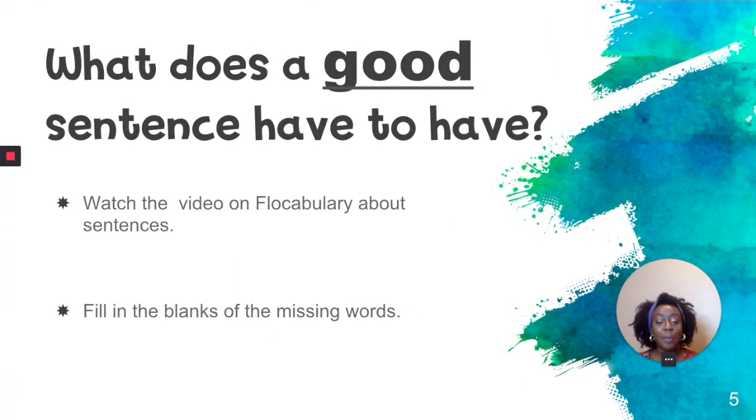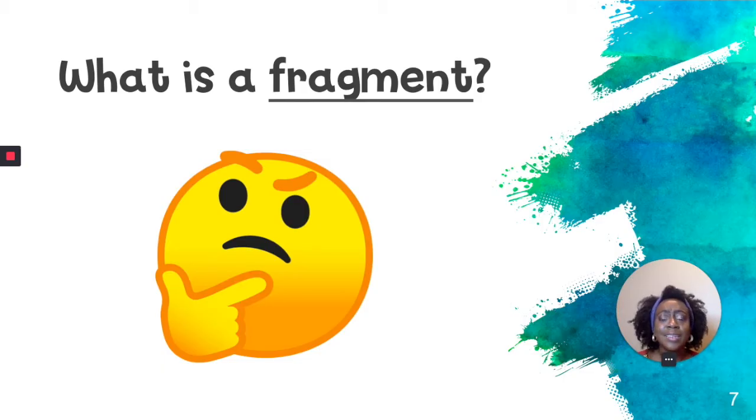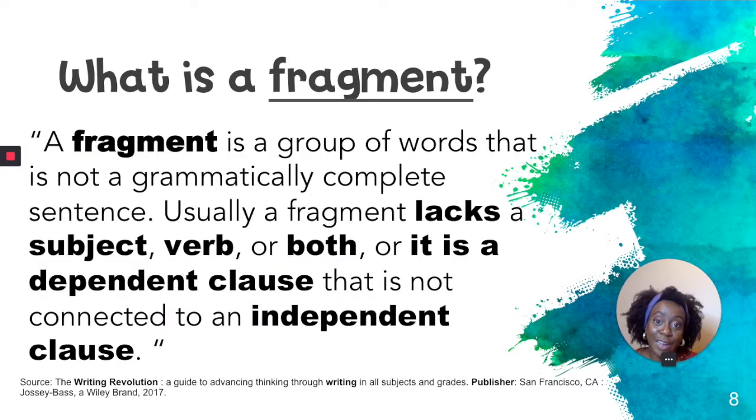Okay, now that you're back, what is a fragment? You can pause again and start brainstorming on a sheet of paper. What is a fragment? A fragment is a group of words that is not a grammatically complete sentence. Usually a fragment lacks a subject, verb, or both, or it is a dependent clause that is not connected to an independent clause.